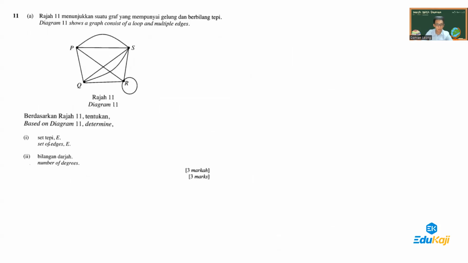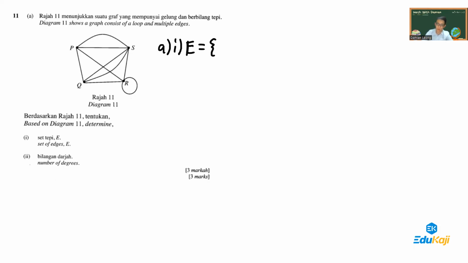So question 11. Here I want to determine the set of edges. Set of edges means I have to put it as a set. It's just which letter to which letter. As you go through that line, you can always put a marking there so you know which one you have gone through, but don't use a pen to mark.